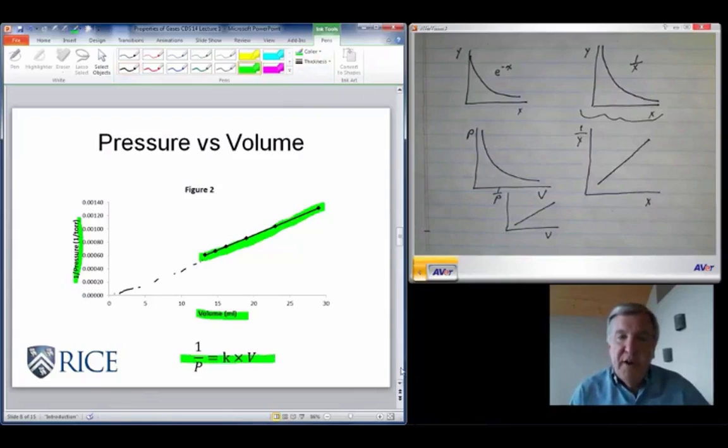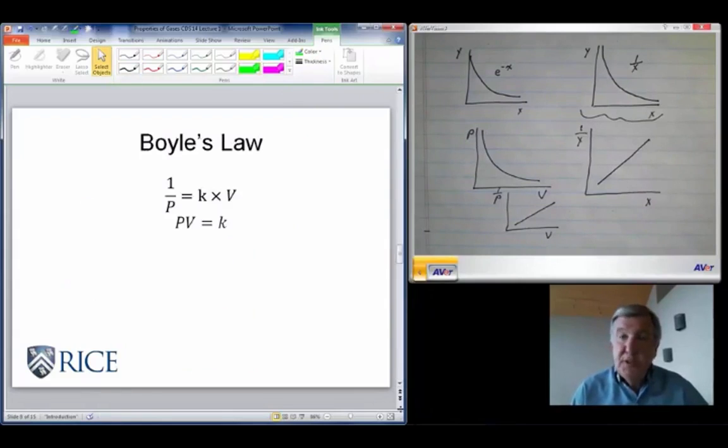That's what the graph above shows us. That's an observation which is consistent with something which is referred to as Boyle's law, after Robert Boyle, who was the first to discover it. What he observed here is what we just observed. 1 over P is proportional to V, or, as is very often written, PV is a constant for these particular conditions.